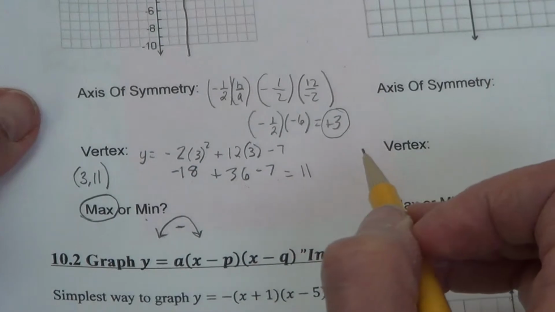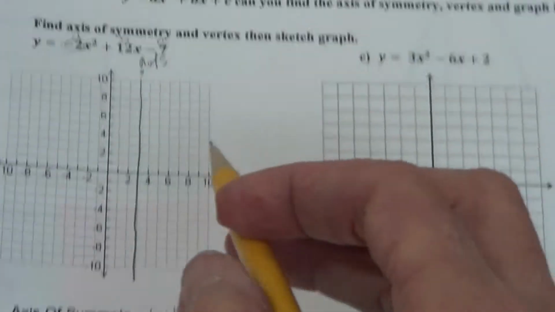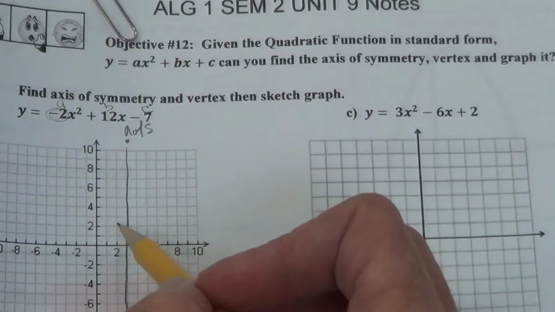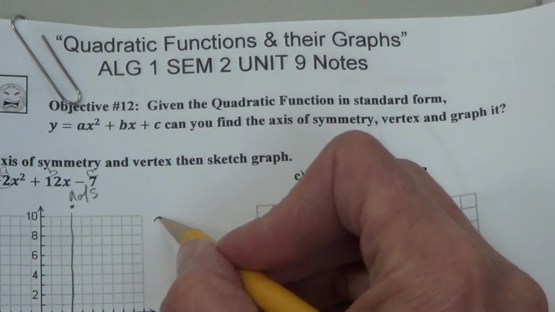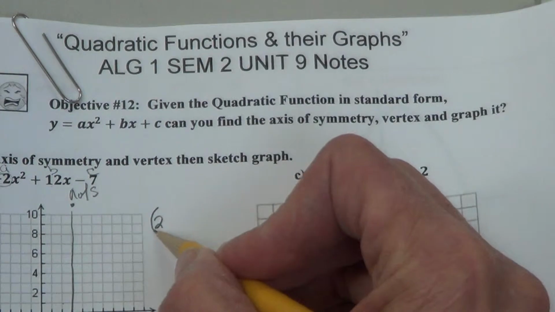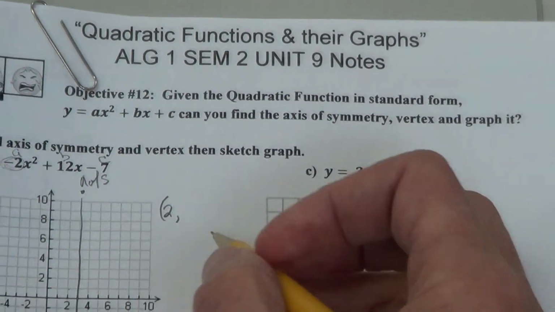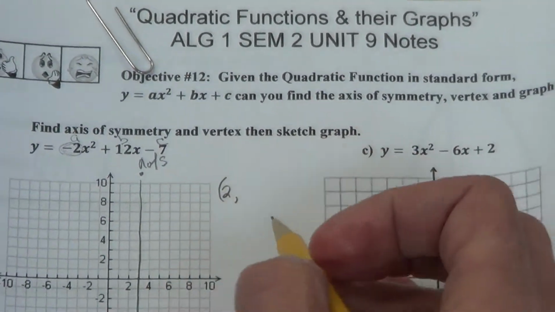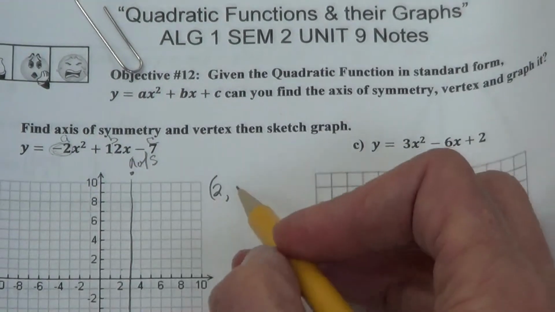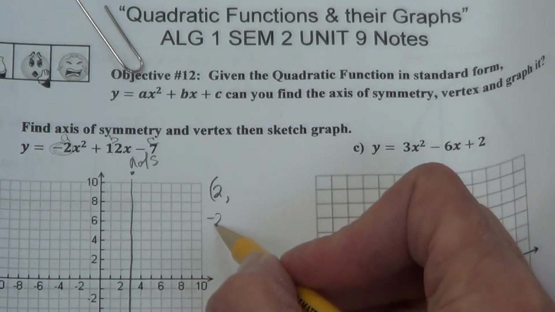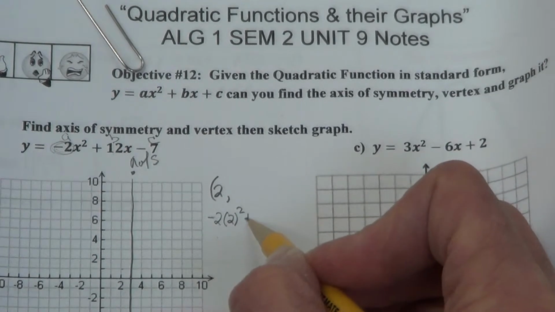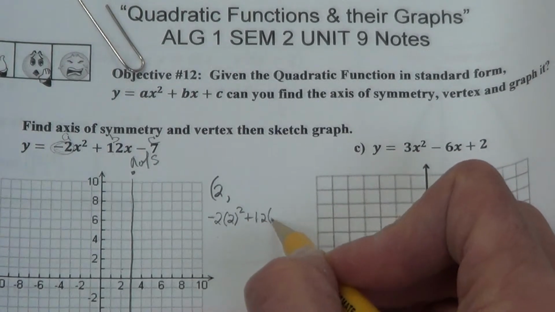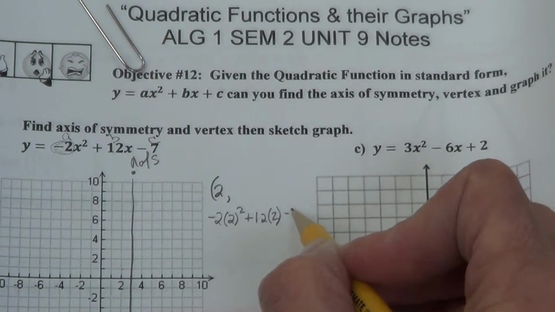So with that in mind, next thing we should do is plug in 2 and see where 2 ends up being graphed. So we plug in 2 to our x value, -2 times 2 squared, plus 12 times 2, minus 7.